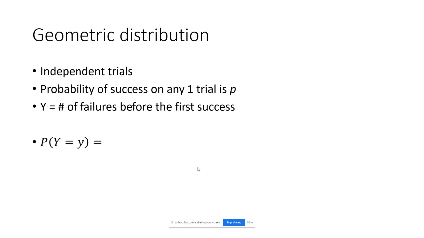So for the probability that our random variable capital Y equals some specific value little y, we have the formula q to the y times p, where q is 1 minus p.